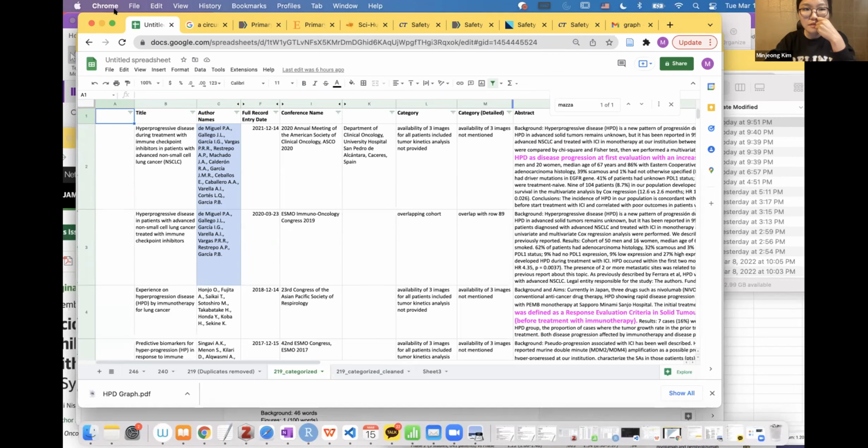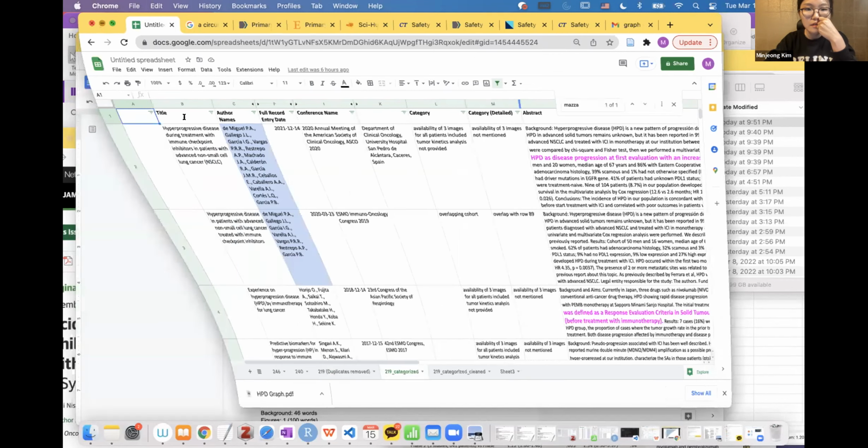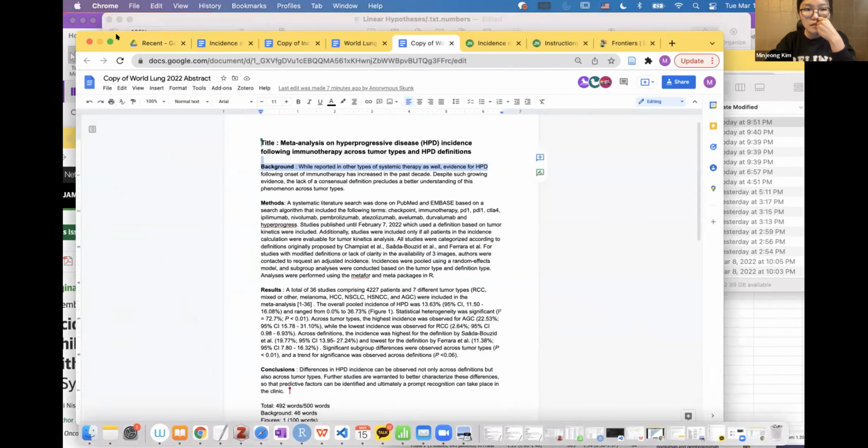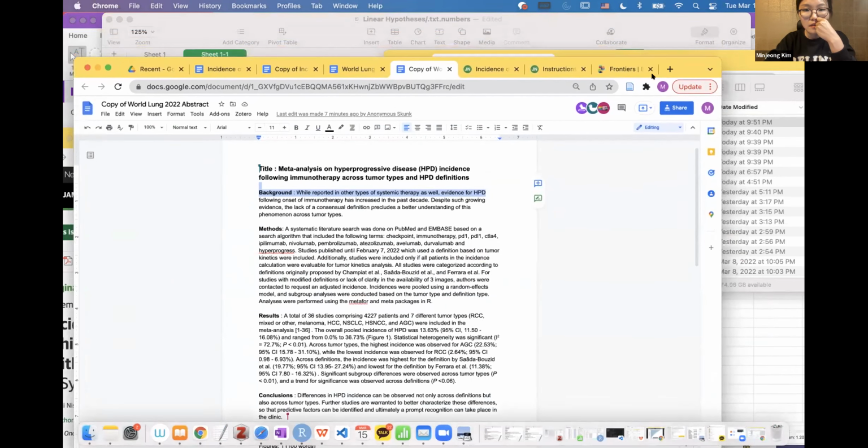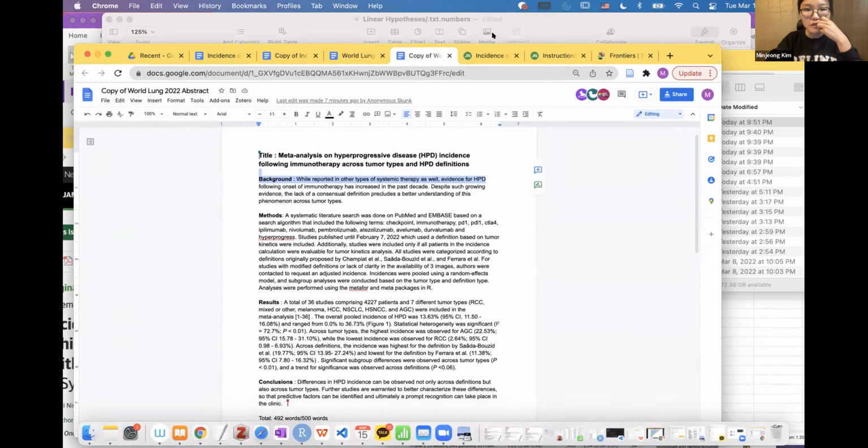And then afterwards, when I reran the analysis, it was similar to what we had before we did the recategorization, but the results were much more robust. I'll share.